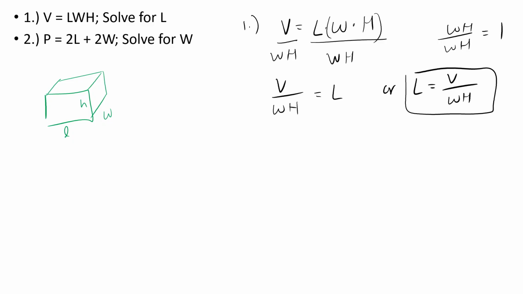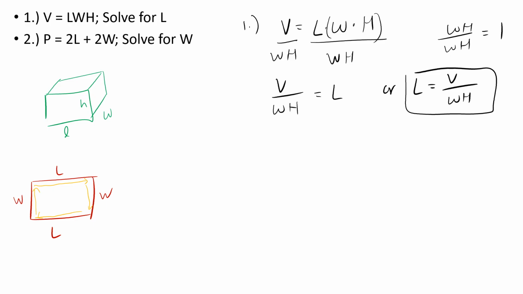The second one here is a formula for perimeter, and I am not a big advocate of formulas for perimeter. I think it's better to know the definition of perimeter, but essentially perimeter is the distance around the outside. I use the analogy, if this is a museum and you're the security guard and you're going to walk the perimeter, make sure nobody's breaking into the museum, the perimeter would be how far you're walking as you go around.